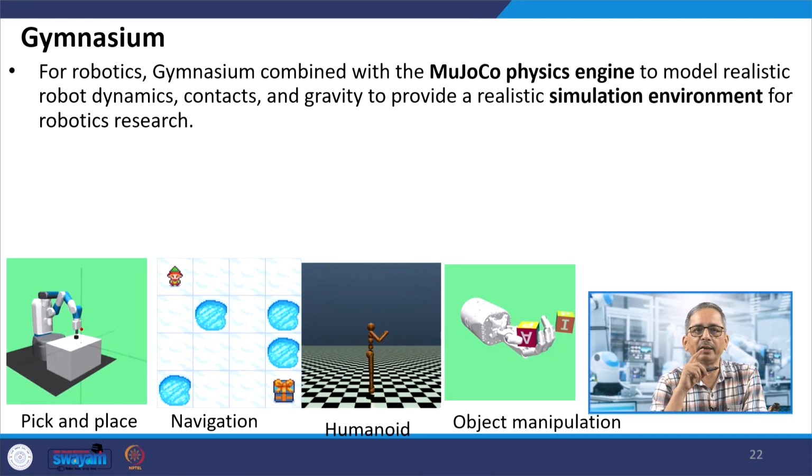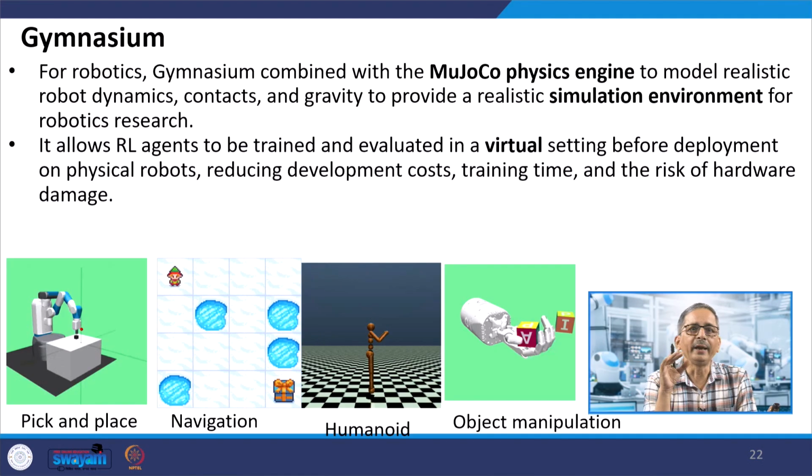So, in robotics, Gymnasium is combined with the MuJoCo physics engine to model realistic robot dynamics, contacts, and gravity, to provide a realistic simulation environment for robotic research. It also allows reinforcement learning agents to be trained and evaluated in a virtual setting before actual deployment on the physical robot.